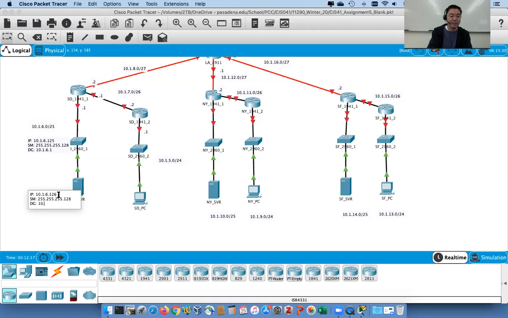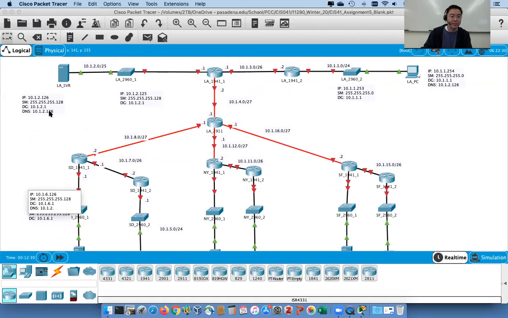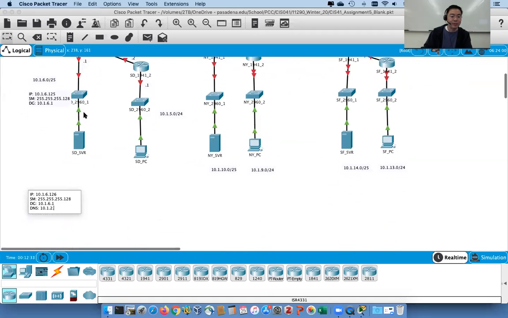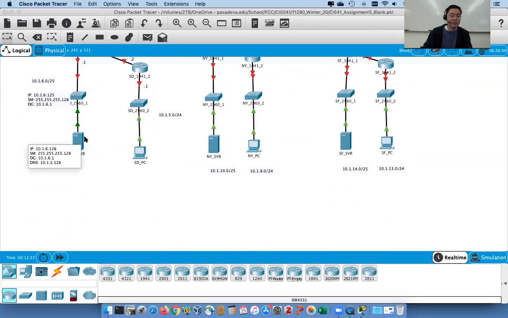Okay. Default gateway 10.1.6.1. DNS is 10.1.2.126, should be 126, right? 10.1.2.126.